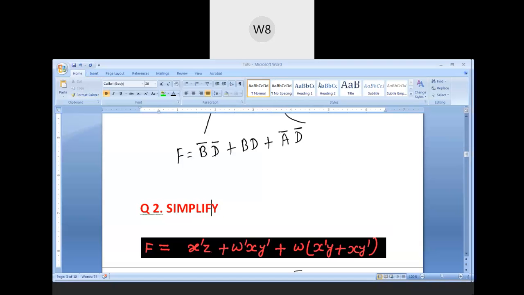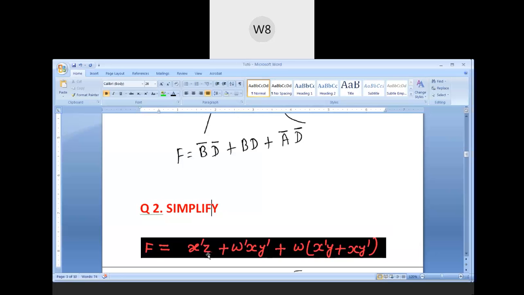Okay, so for this type of problem where we have been given the function in the form of variables, there are two ways in which we can rewrite the function as sum of min terms. First is, of course, by including the missing variable in each of the terms. Here you can note that there are actually four variables, and the first term has only two variables, x and z.